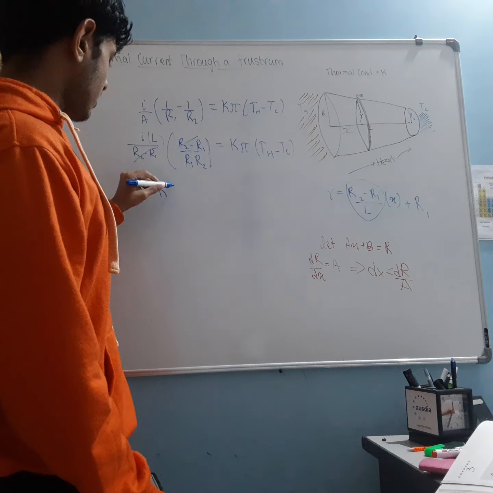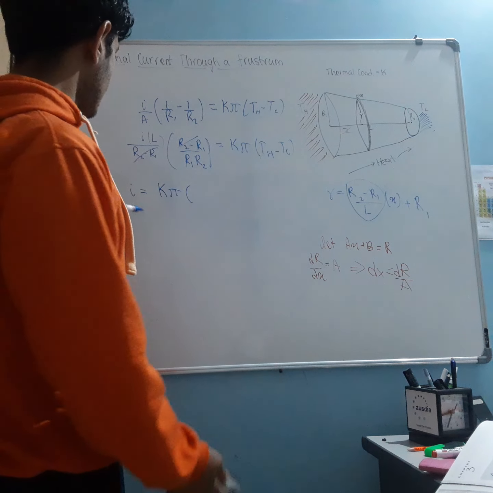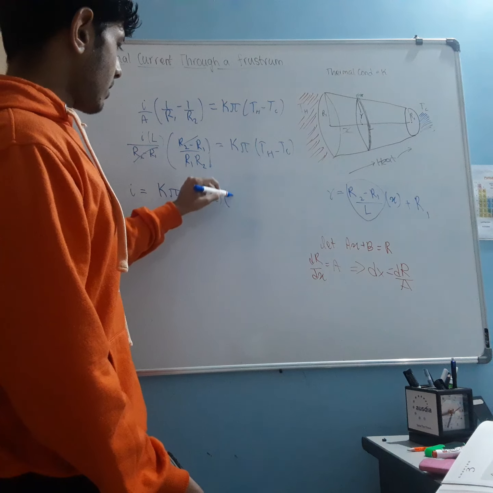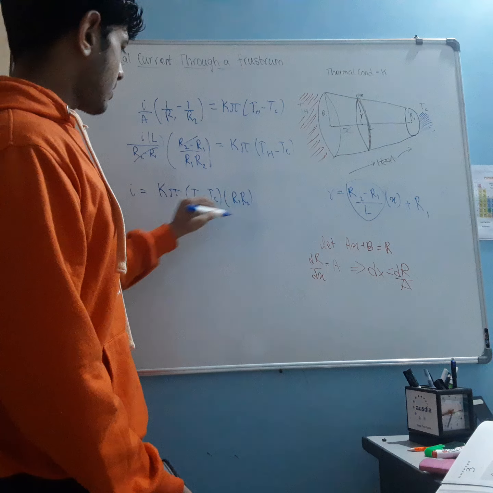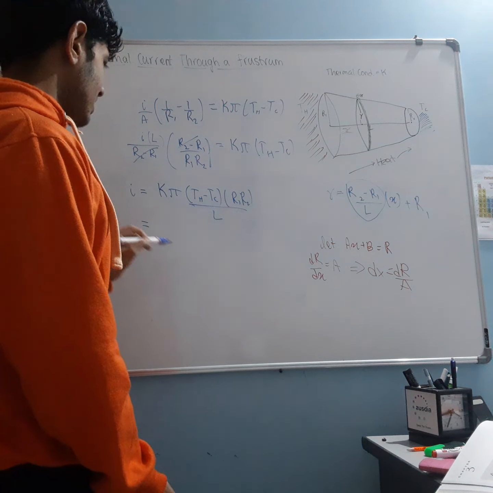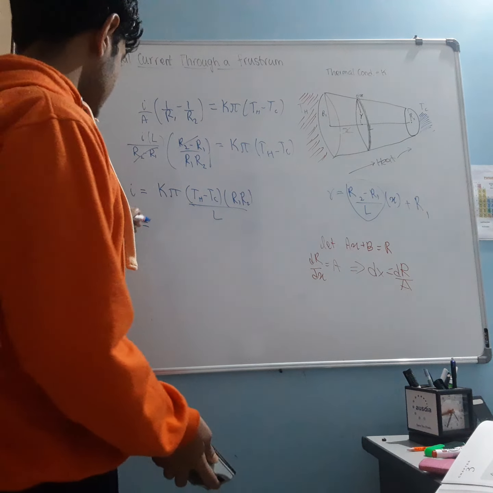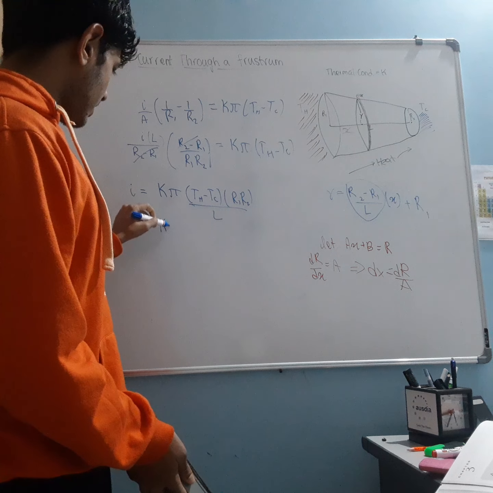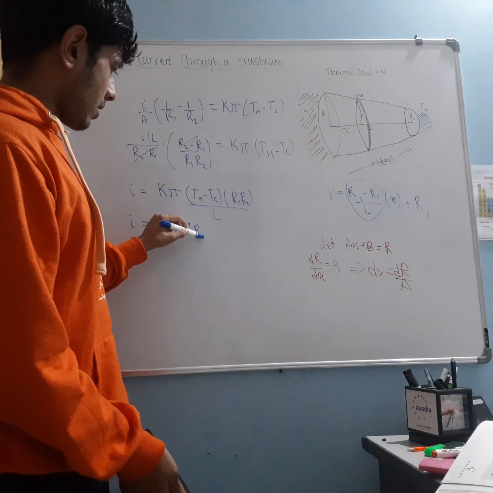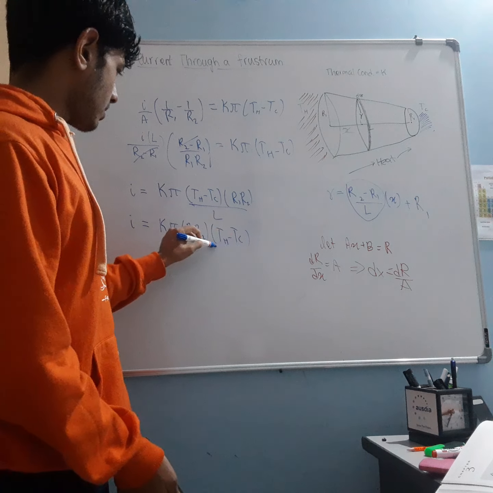I'll be left with k pi into (Th minus Tc) into R1 R2, all divided by L. But I don't like to see the expression like this because it's hard to read. Instead, I'll have I equals k into pi r1 r2 into (Th minus Tc) upon L.